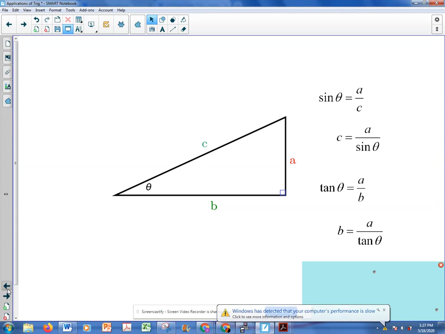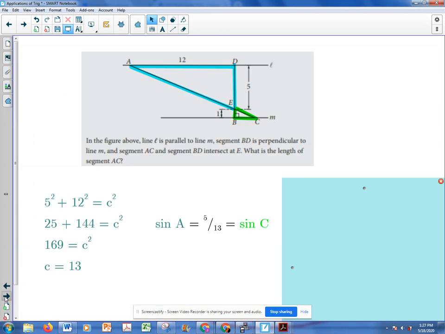Sine of the angle and the opposite side. So, the hypotenuse is just a divided by sine of theta. Fine. Yep, there it is.